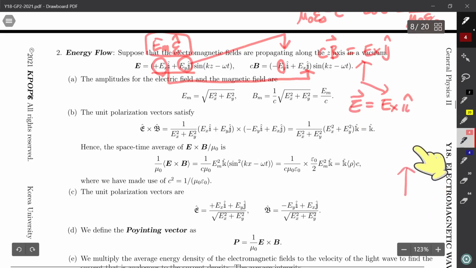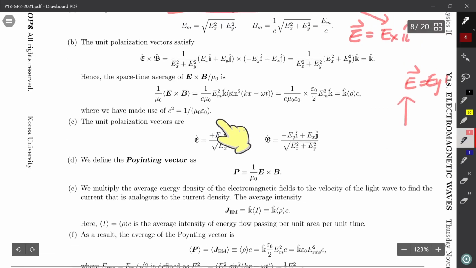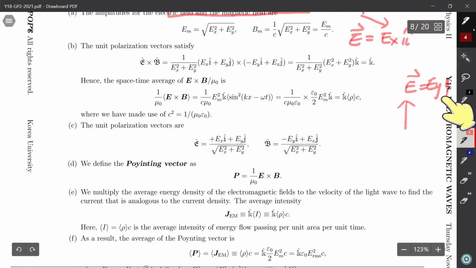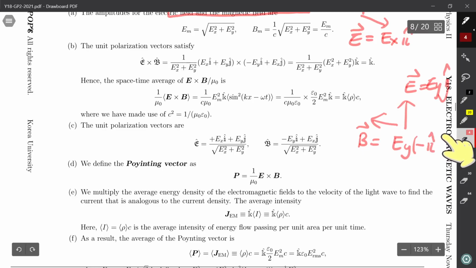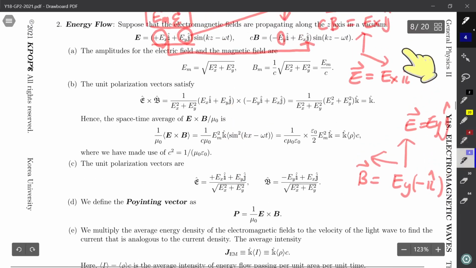When E is in this direction, B is the same magnitude but minus x direction. And direction of propagation is k.